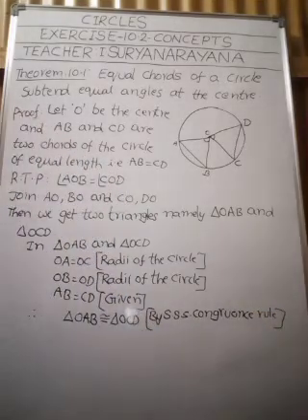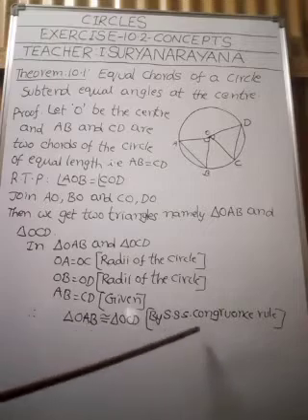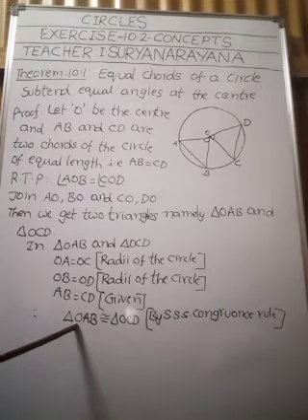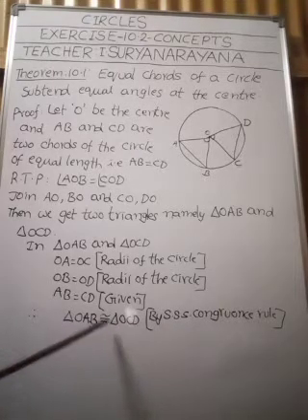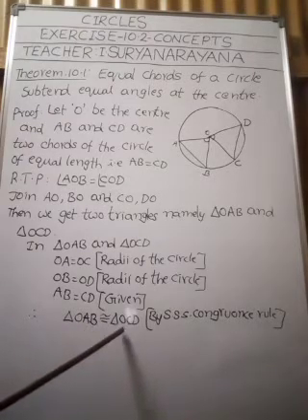Do you remember this congruence rule, my dear children? Yes, by using this congruence rule, we have proved that these two triangles are congruent. Understood this step, my dear children?